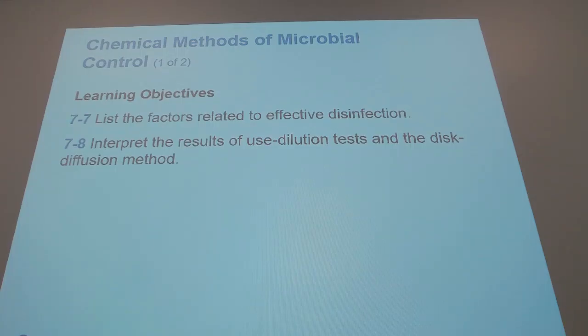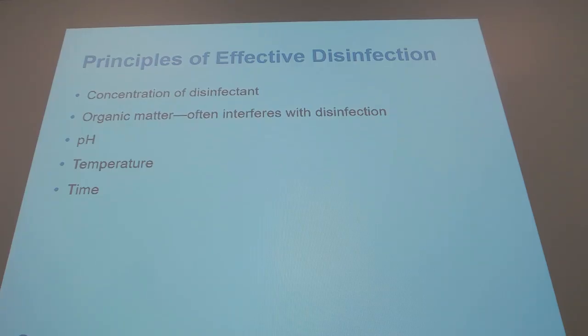So now we're going to see factors related to effective disinfection. You already saw part of it, and we're going to see how you can test those. So the factors that affect disinfection will be the concentration of the disinfectant.